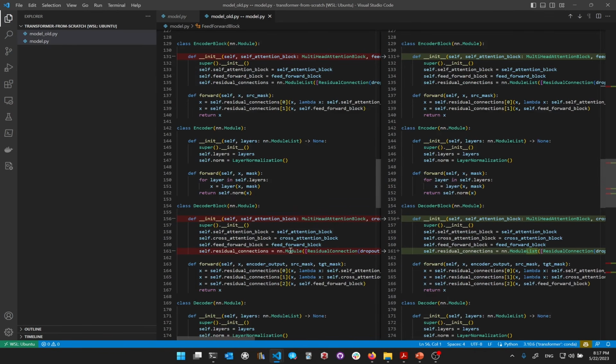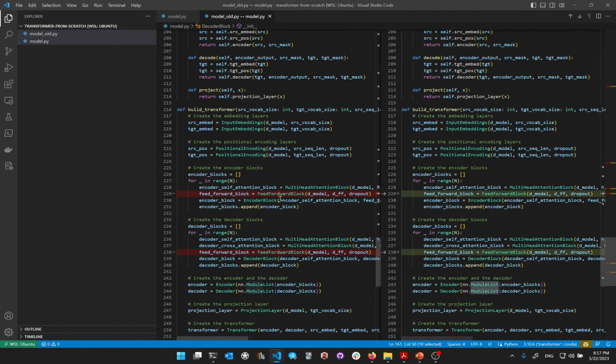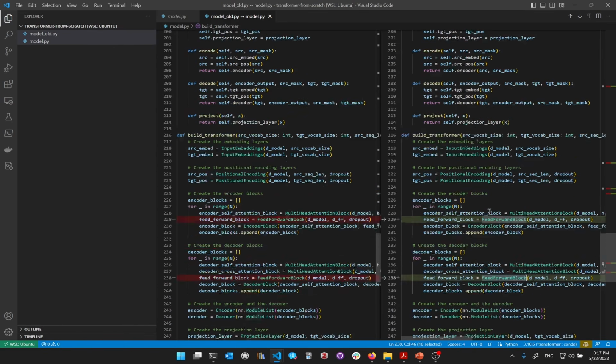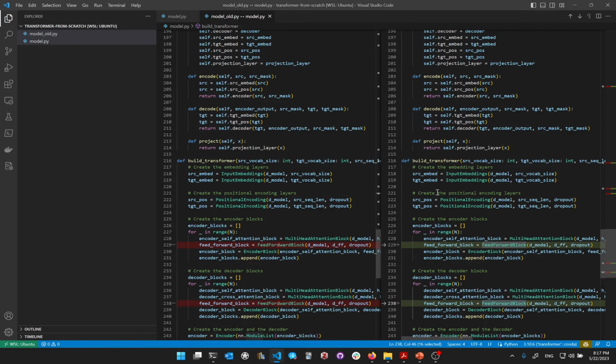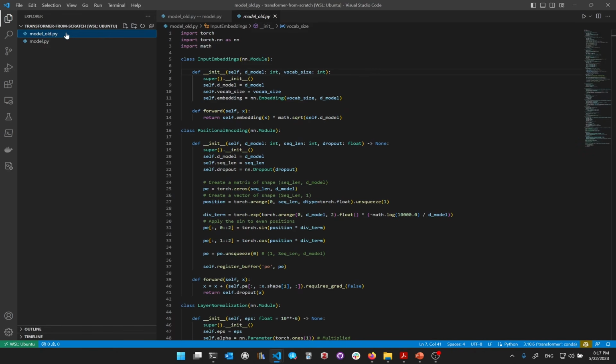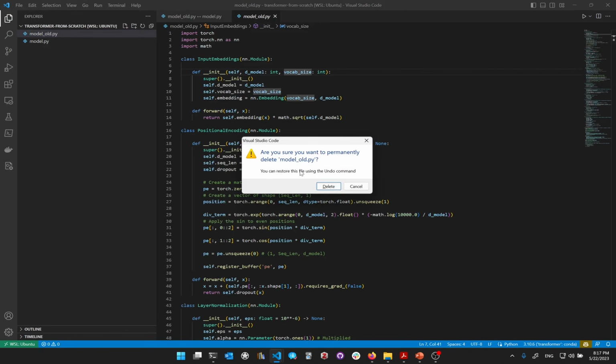And the other problem is that here when we build the decoder block, we just wrote nn.Module. Instead it should be nn.ModuleList. And then the feed forward should be also fixed here and here in the build transformer method.